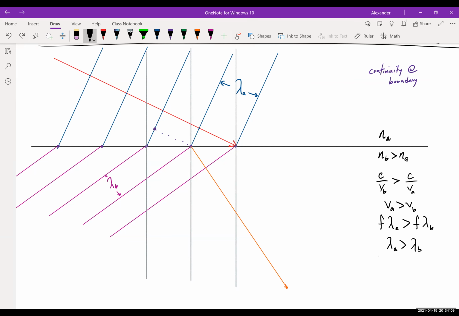This leg of the top triangle is lambda A. This leg, the orange leg here, is lambda B. I'd like to talk about this angle.